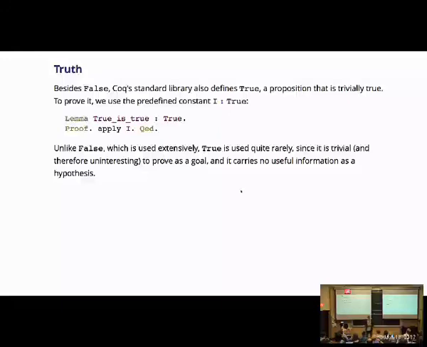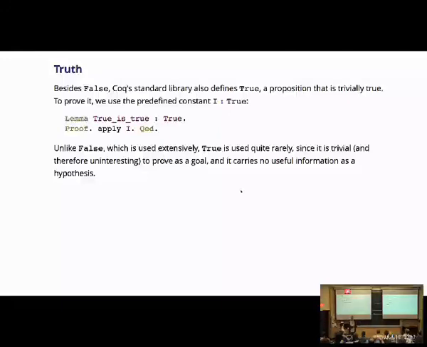False is used all over the place because negation is a common style of reasoning, common primitive for stating things and proving them. True is much less used because it isn't very useful, because given a hypothesis of true, what can you do with that? Well, of course it's provable, but the proof is not informative.